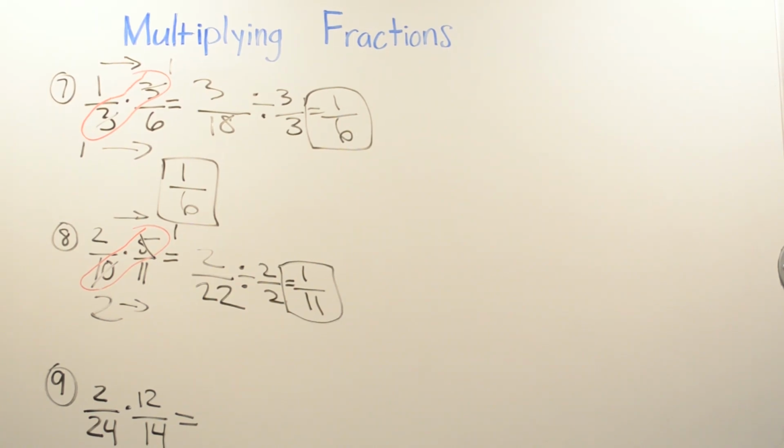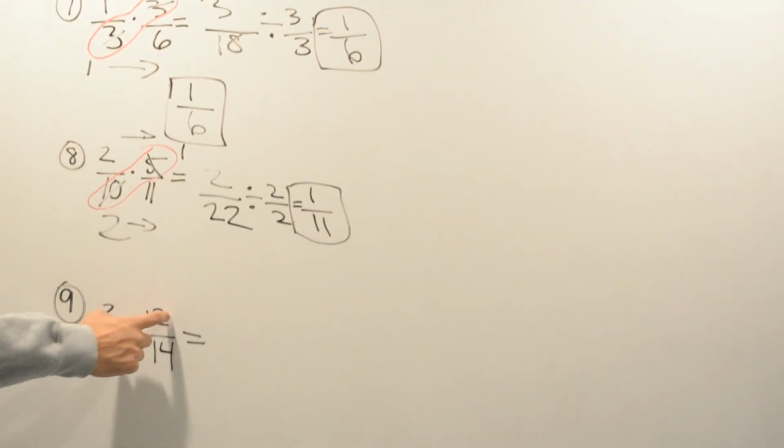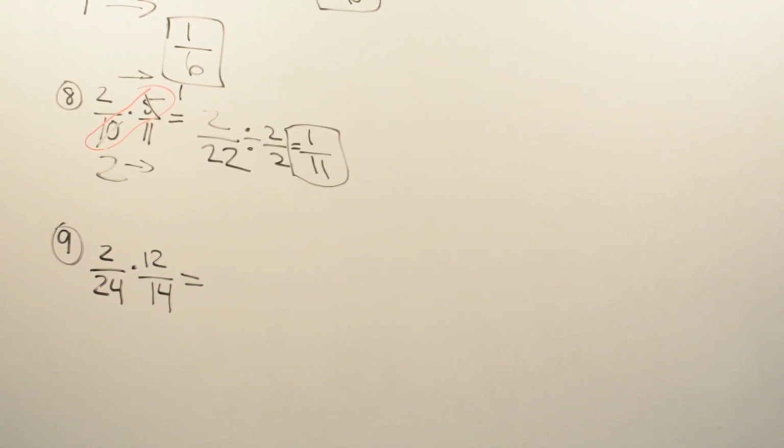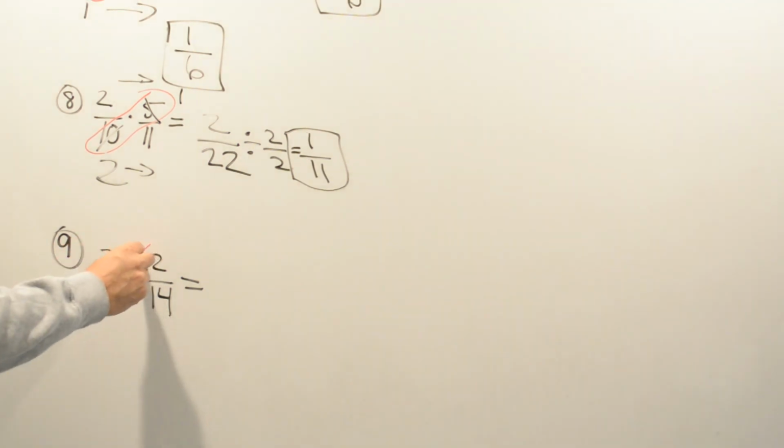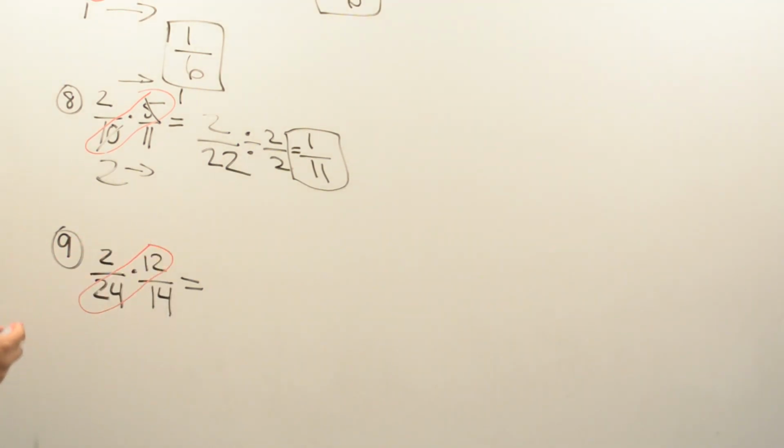Okay, so here I see that I can simplify 12 and 24, and I can simplify 2 and 14. When you're simplifying, you simplify always across. So I know I can simplify that, and then I know I can simplify that right there. On 12 and 24, the greatest common factor for both, I know it's going to be 12.